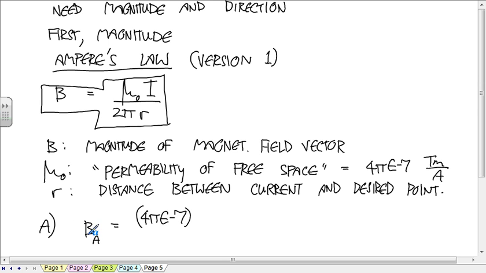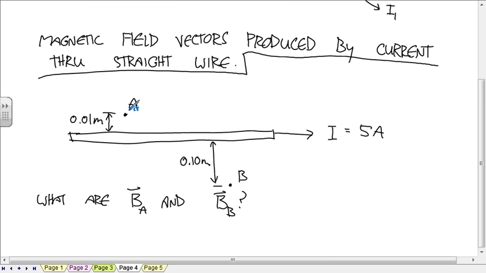Okay, so at the point A, B is equal to the permeability of free space times the current of 5 amps divided by 2 pi times R, the distance from the current to the point we're looking at. So if we're looking at this point A, the distance is 0.01.